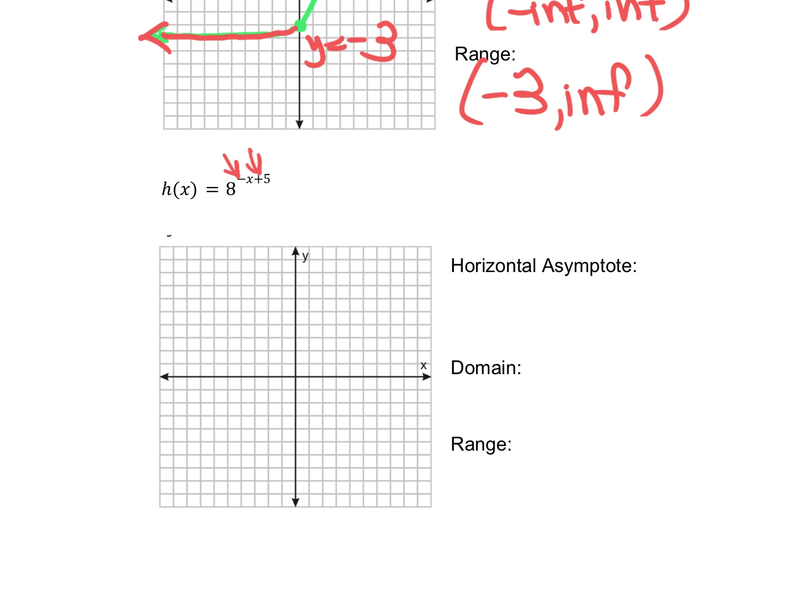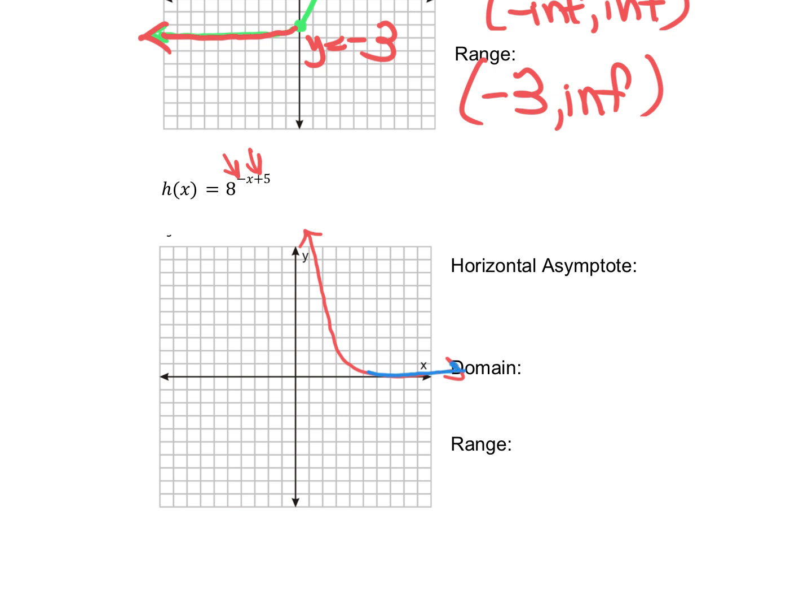Okay, so what your graph is going to look like is something a little bit like this. And our y-intercept here, in this case, is going to be a very large number. So I'm not going to worry about the y-intercept, but you could find it on your calculator. So our horizontal asymptote, if you look, this part of the graph here keeps going and it approaches 0.